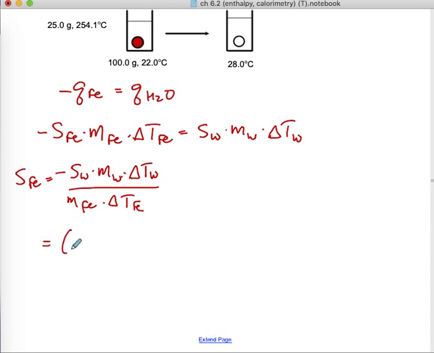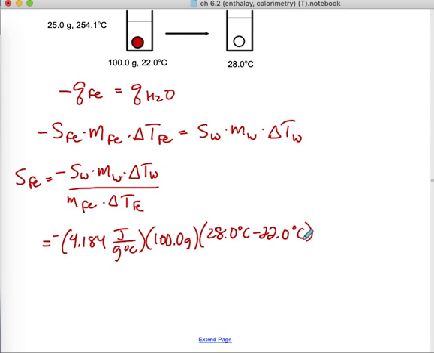So plug in negative 4.184 joules per gram degree Celsius times 100.0 grams of water times 28.0 degrees Celsius minus 22.0 degrees Celsius. So delta T water is positive 6.0 degrees Celsius. In the denominator, my mass of iron is 25.0 grams.